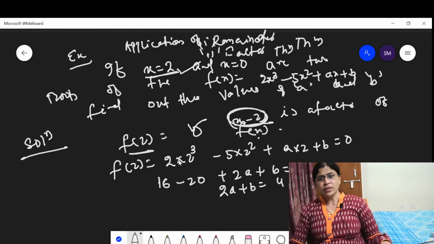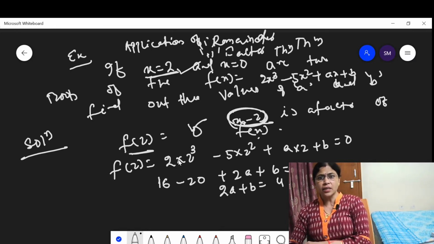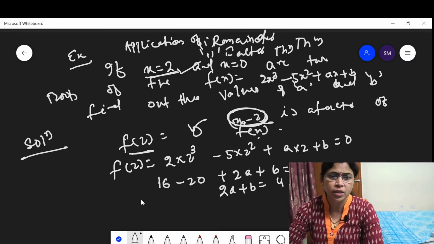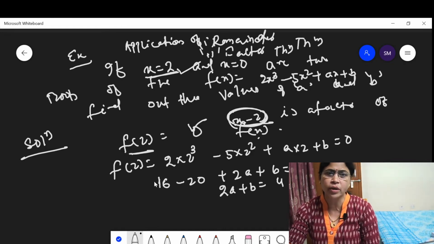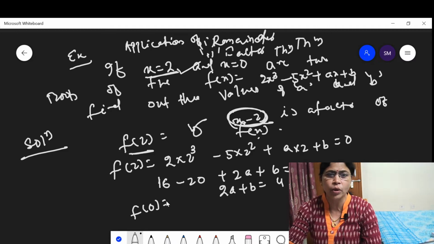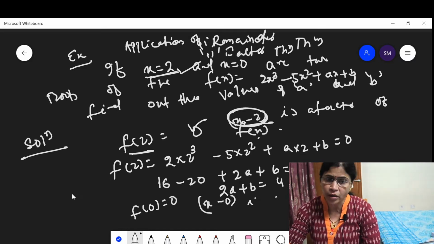Another equation says that if x is equal to 0, this means x equal to 0 is another root, which also shows that f of 0 is equal to 0. This means x minus 0 is a factor of f(x) according to factor theorem.